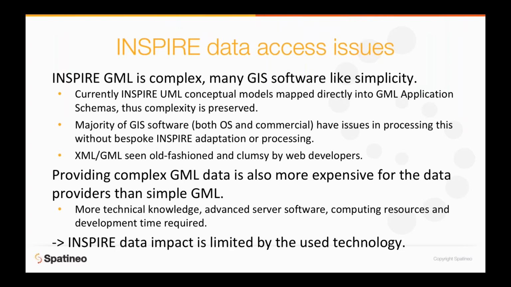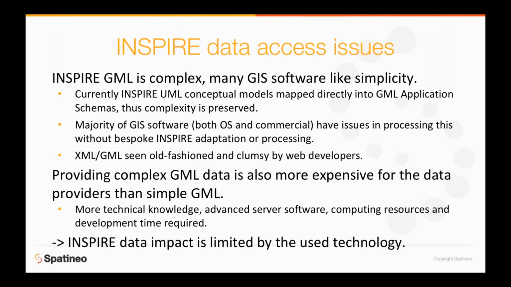And the reason for this complexity is that the INSPIRE data models and the XML schemas, GML schemas have been pretty much derived from the UML conceptual models directly, preserving all the complexity of the UML classes and the UML models.